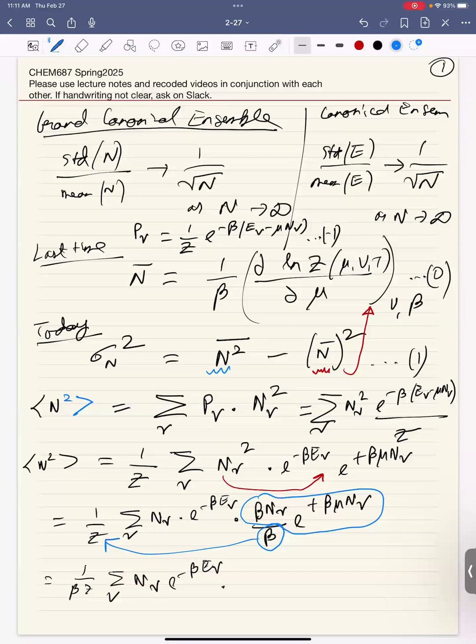Remember, we had the same term last time, and start recognizing things like this. When you have an exponential with one part of the exponential up front, what does this mean? This means we could have gotten this by writing down the partial derivative of e to the power plus beta mu N nu with respect to all the terms except beta N nu. So that will be partial with respect to mu. Okay, I will leave this for just a moment.